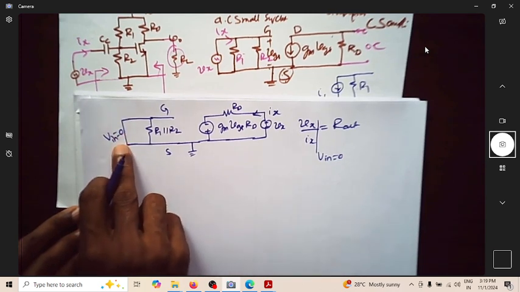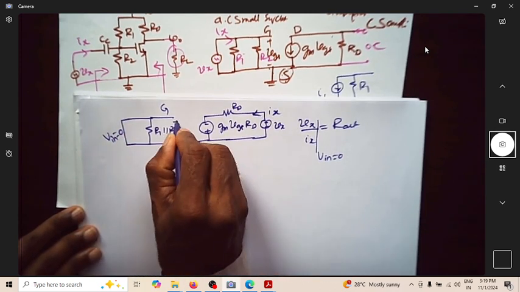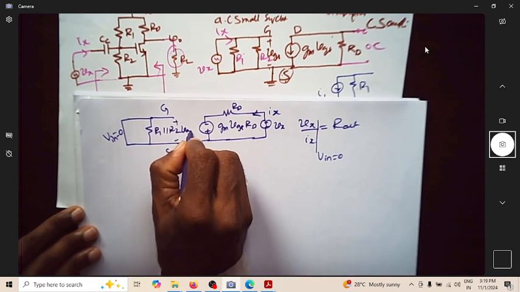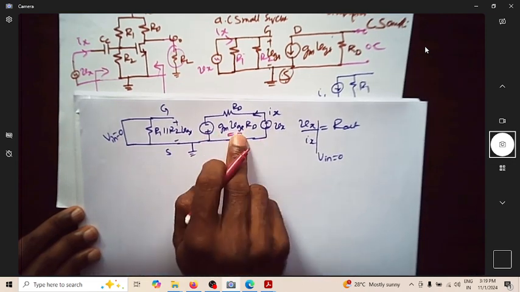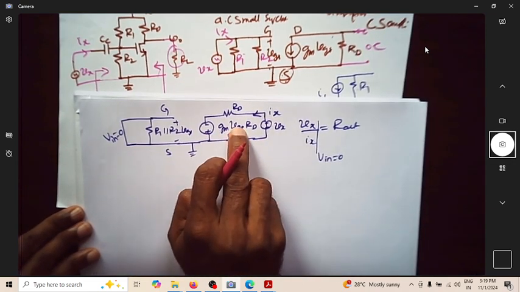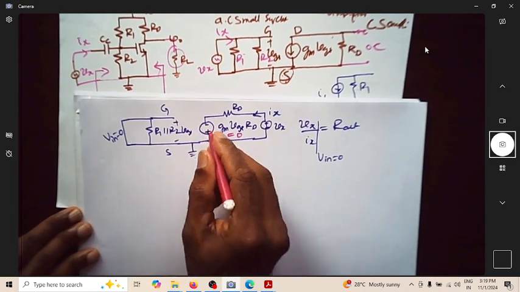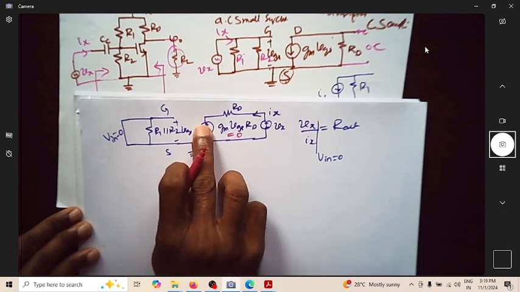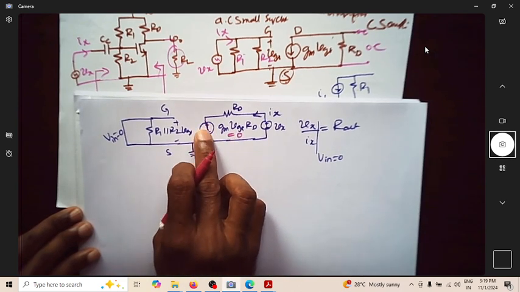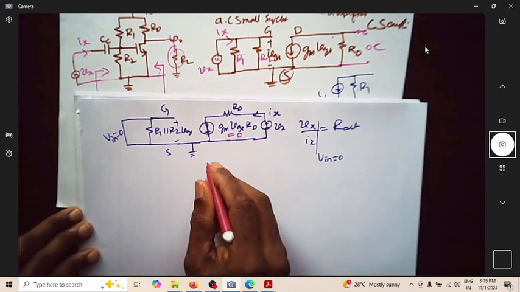Okay, now when Vin is 0, of course this is actually VGS. Does this also become 0? When this becomes 0, how about this? Will it not be like a short circuit? Because voltage 0 is nothing but a short circuit. So then what is Ix?